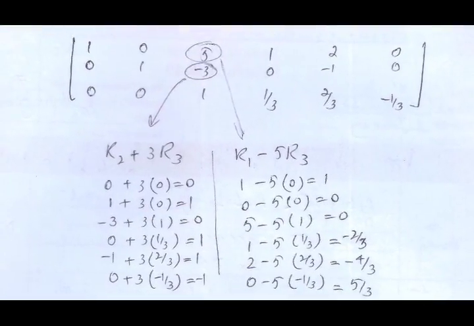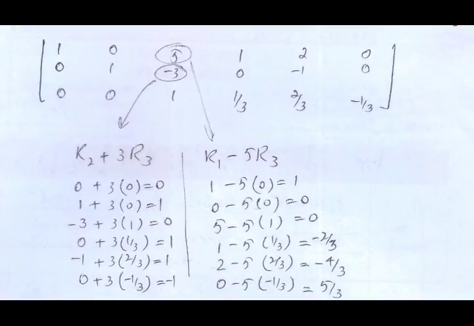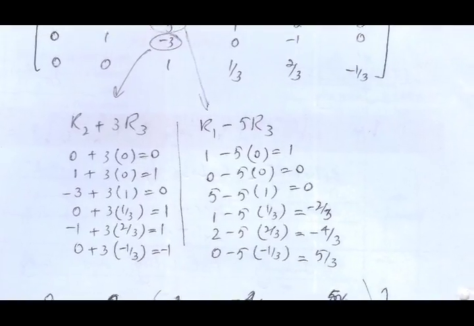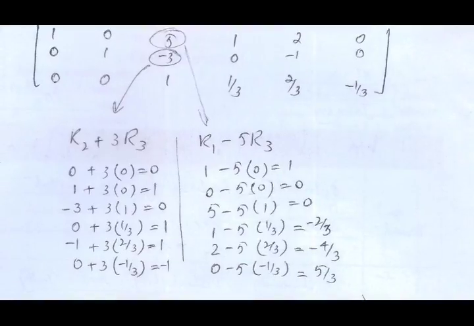How do we make 5 in the first row and -3 in the second row equal to 0? Second row plus 3 R3, because in R3 we have 1, and for -3 we write +3, and for +5 we write -5. First row is where we want to make 0, and the last row is where we have 1.